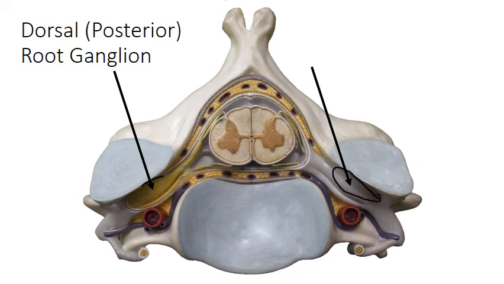This is called the dorsal root ganglion or posterior root ganglion. What will be found here are the cell bodies of these sensory neurons. And so it's a rather important area.